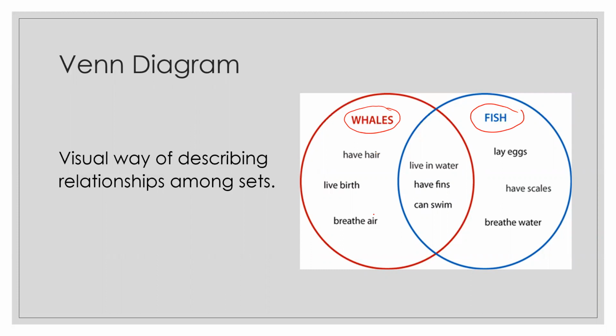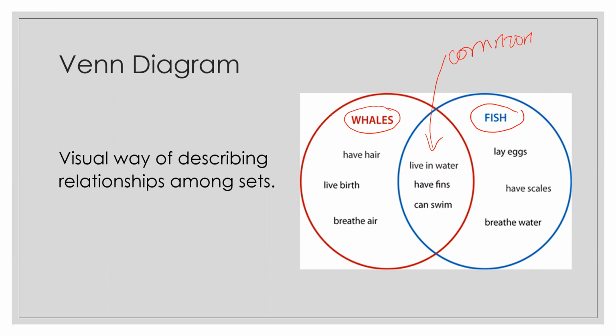And fish lay eggs, have scales, and breathe in water. Now, they do both live in water, have fins, and can swim. So this middle part right there is the common element of A and B, two sets, whales and fish.